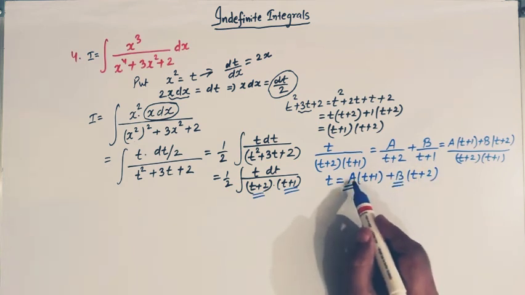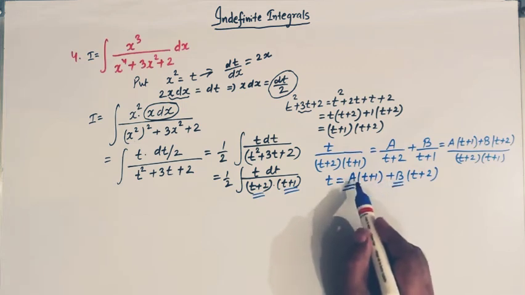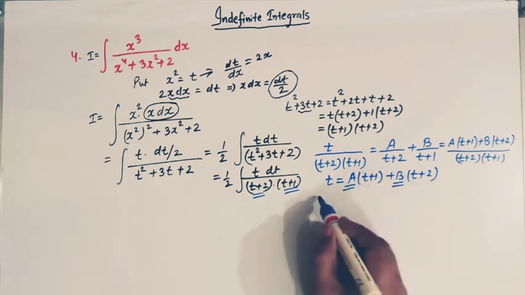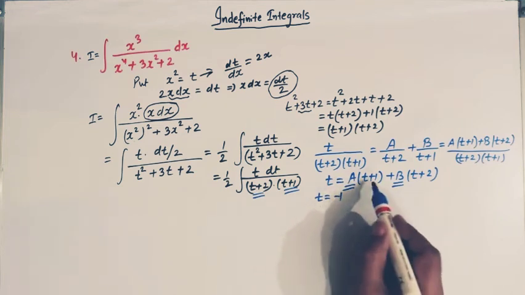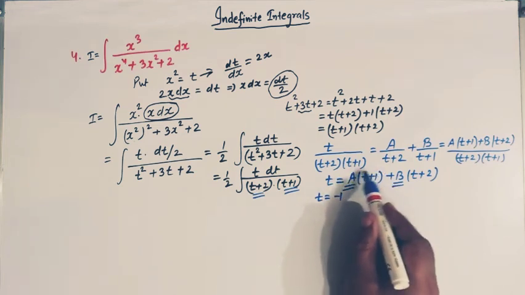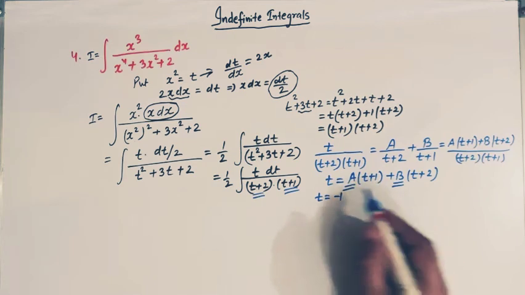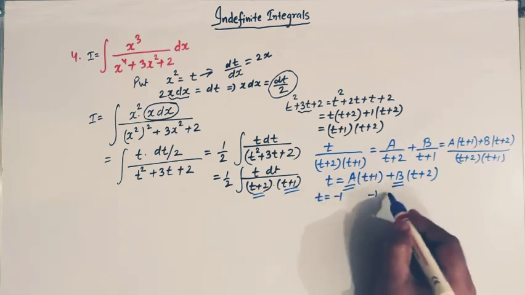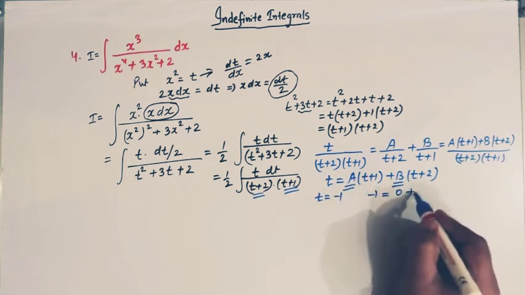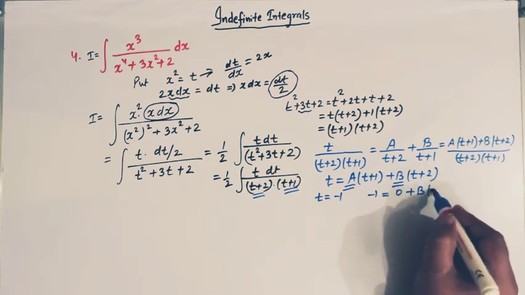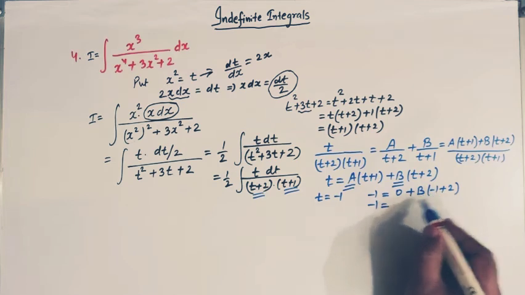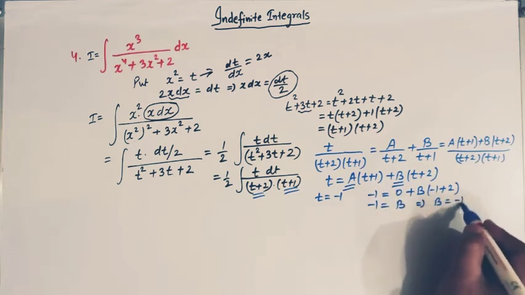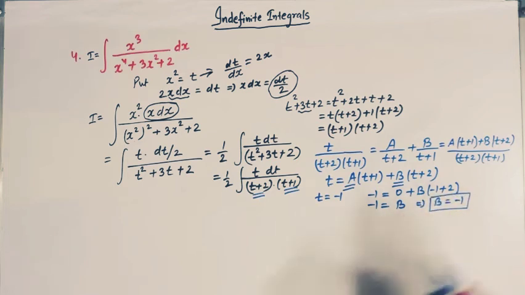and for evaluating the values of a and b, we can substitute here t is equal to minus 1. So when t is minus 1, this term becomes 0, and here we have minus 1 is equal to 0 plus b times minus 1 plus 2, that is minus 1 is equal to b, so b is equal to minus 1, right?